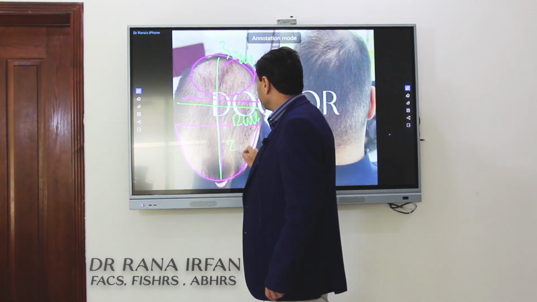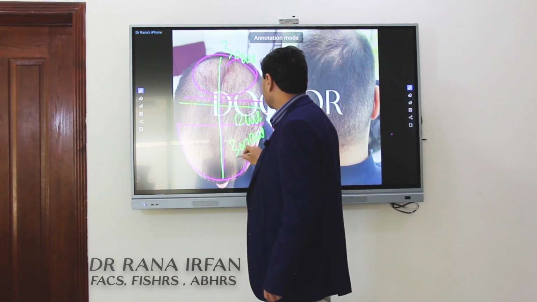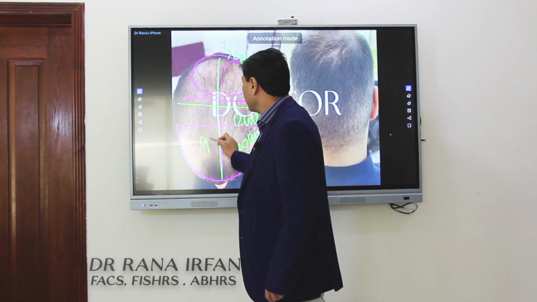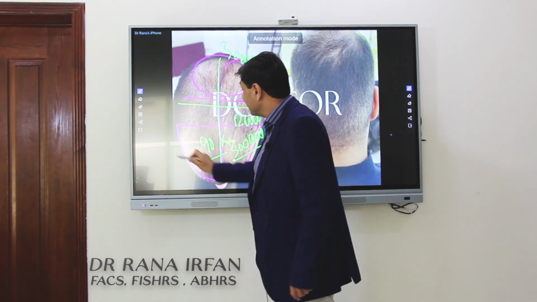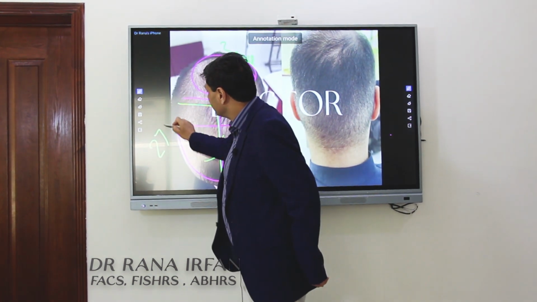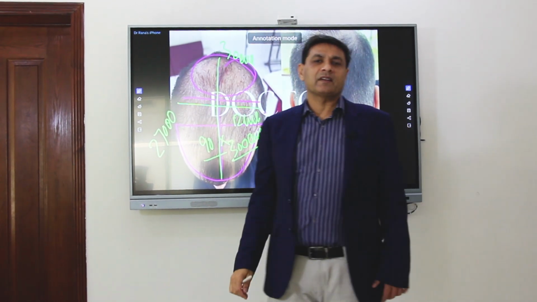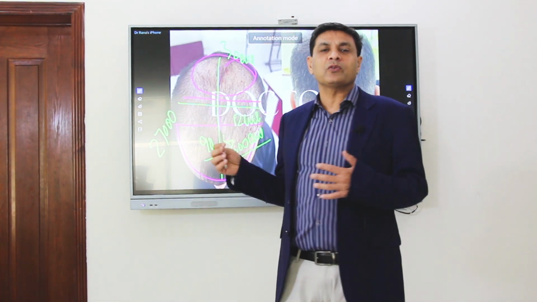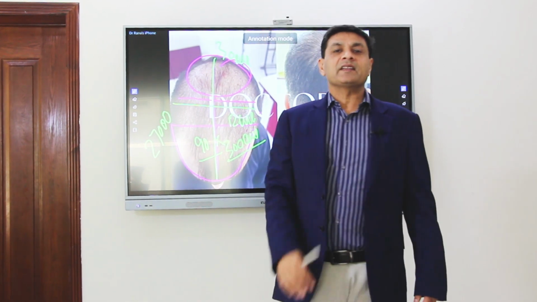If on average I say 300 centimeter square area is empty, multiplied by 90 follicular units per centimeter square, you will see 27,000 grafts have gone from this area. With how many grafts can you compensate this area of 20,000 grafts?